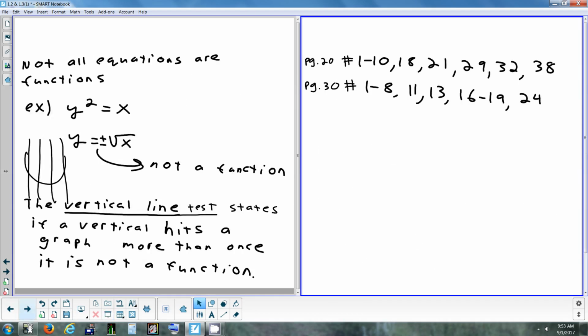Okay, so the homework, on page 20, there's the problems we talked about with a little bit of graphing on the calculator and finding an intersect. Sometimes, if it's strictly a calculator problem, you can just write on your notes, on calculator, if there's nothing to show.